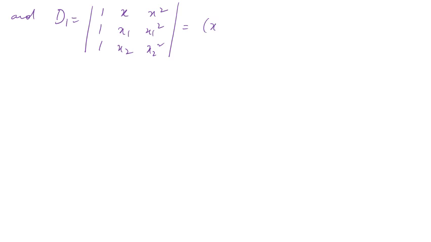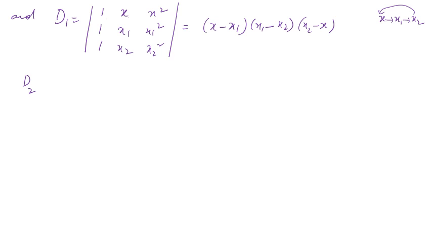Okay. And d1 is 1, x, x square; 1, x1, x1 square; 1, x2, x2 square. Same logic here also. Now in place of x0, x is there, so x minus x1, x1 minus x2, and x2 minus x. Cyclic form: x, x1, x2, again x.